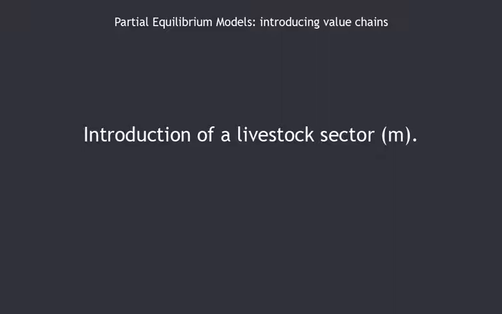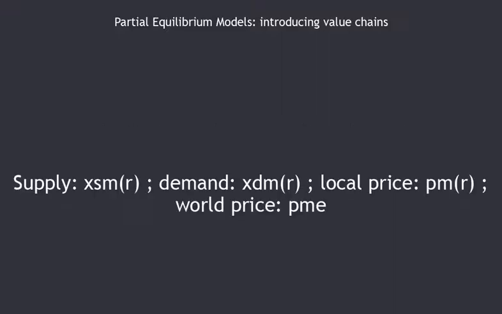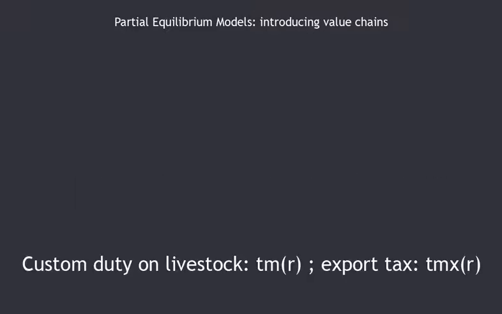So you will have the letter M for each annotation. For example, the supply will be XSM in country R, the demand will be XDM in country R, the local price will be PM in country R, and the world price will be PME. You will also have a custom duty and an export tax, called TM and TMX.